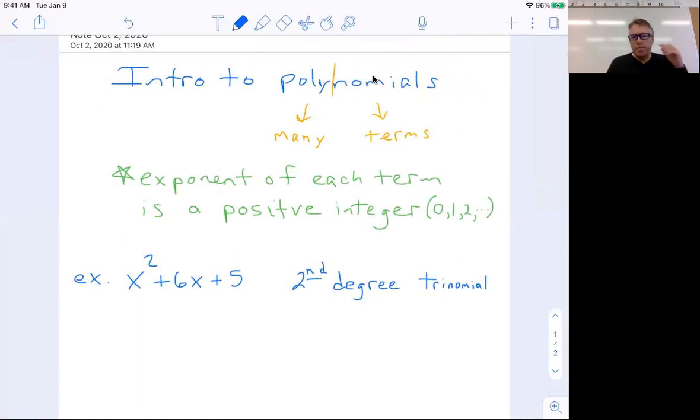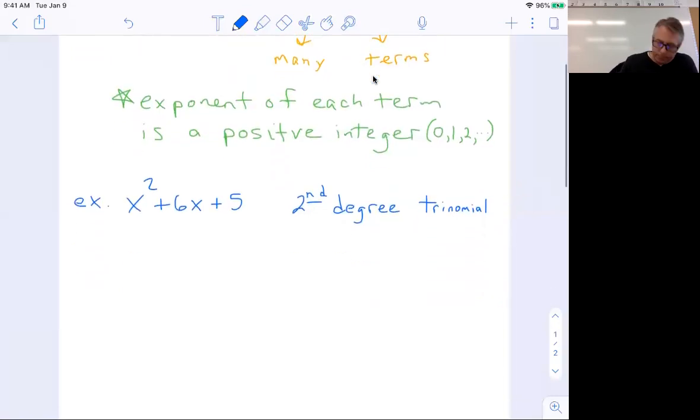Now the degree is the highest exponent. Since 2 is the highest exponent, that makes it a second degree. Trinomial is a specific name for the polynomial. Tri, meaning 3, it has 3 terms. 1, 2, 3. Because it has 3 terms, it's a trinomial. So that's a second degree trinomial.